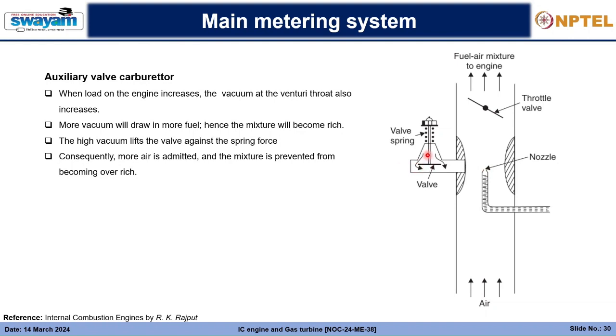That actually opens this spring loaded auxiliary valve, and the air is allowed to enter into the carburetor channel, and accordingly a leaner mixture is formed, and that leaner mixture is supplied to the engine cylinder. So consequently, more air is admitted and the mixture is prevented from becoming overrich. So that is the whole concept of the auxiliary valve carburetor. So these are the systems in the main metering system.